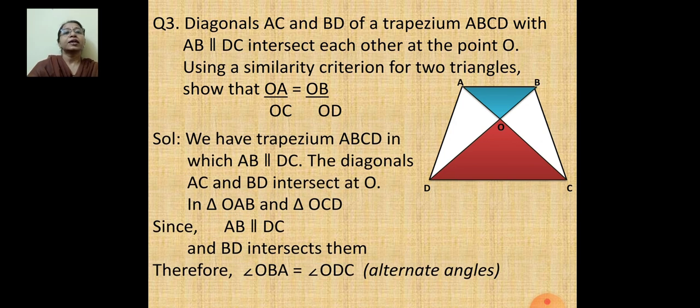So children, ABCD is a trapezium. That means one pair of opposite sides, that is AB, is parallel to CD, and the diagonals intersect each other at point O.